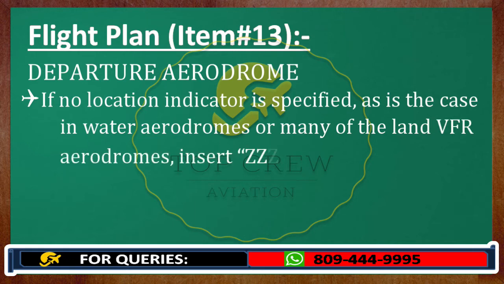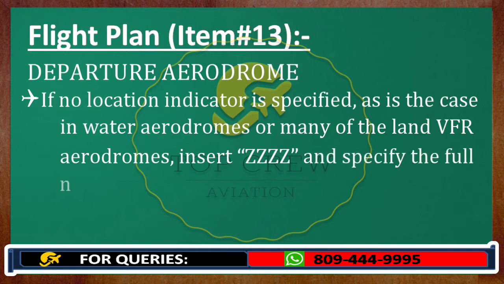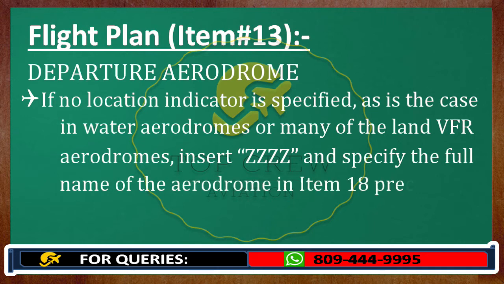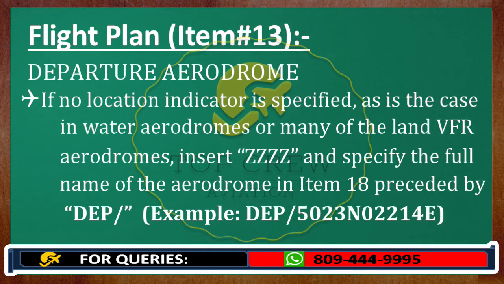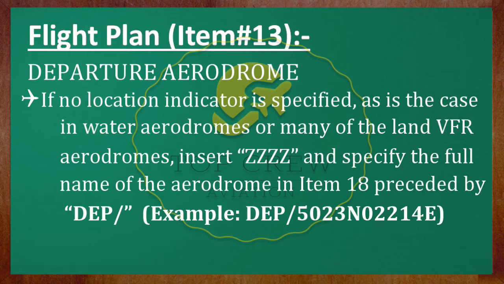So in item number 18 proceeded by departure. So when we mention Zulu, Zulu, Zulu, Zulu in departure aerodrome box, we have to mention the name of that particular space with its latitude and longitude in item number 18, so that we would be aware about each and everything.